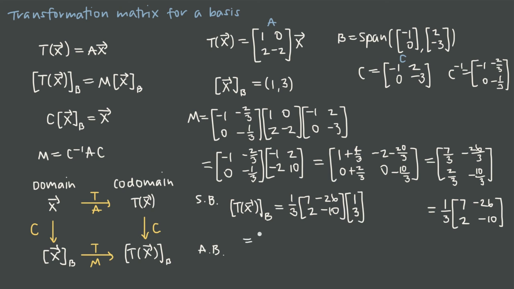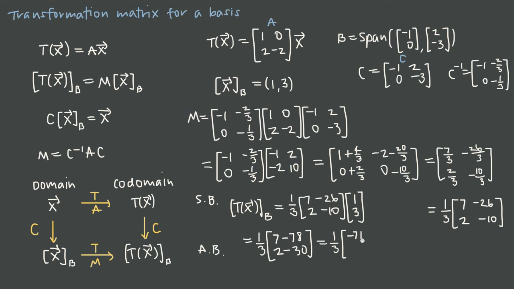So the result there, we'll leave the 1/3 out in front, and then here we'll get 7 times 1 is 7, and then -26 times 3 is -78, and then 2 times 1 is 2, -10 times 3 is -30.